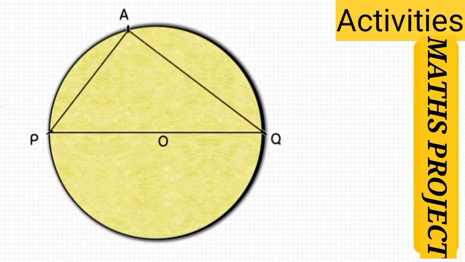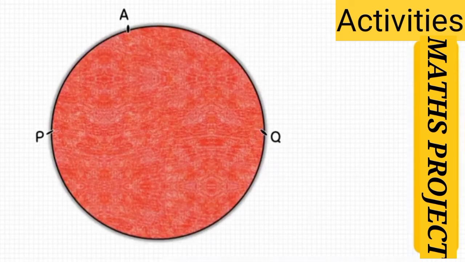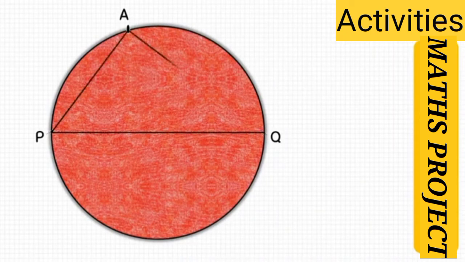Next, take any point A and join PA and AQ. Thus, we get a triangle PAQ, and angle PAQ is the angle in the semicircle. Now, we will make 2 exact replicas of angle PAQ.